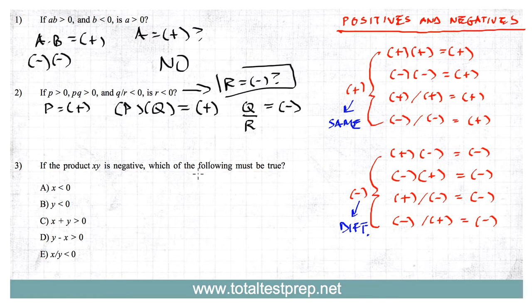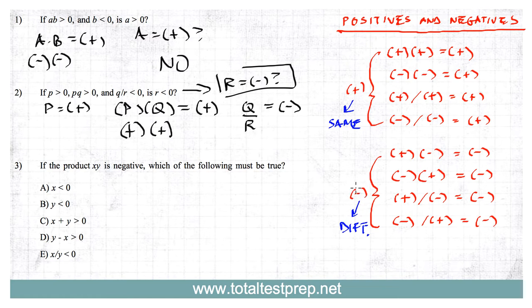This is the question. So if p is positive, I'm going to plug that in over here, and we see that p times q, which is positive, means that they have to be the same sign, either both positive or both negative. So if p itself is positive, q has to be positive as well. And then we can use that information in this statement. If q divided by r is negative, it means that they have different signs.